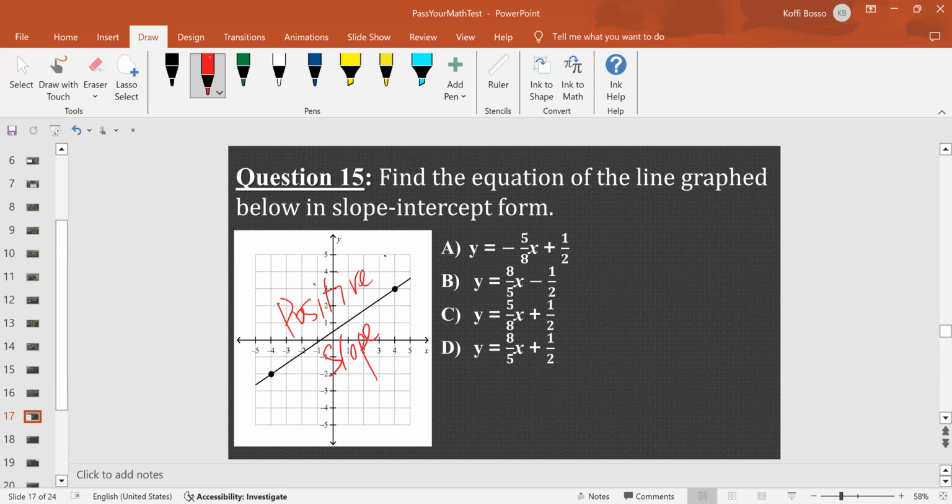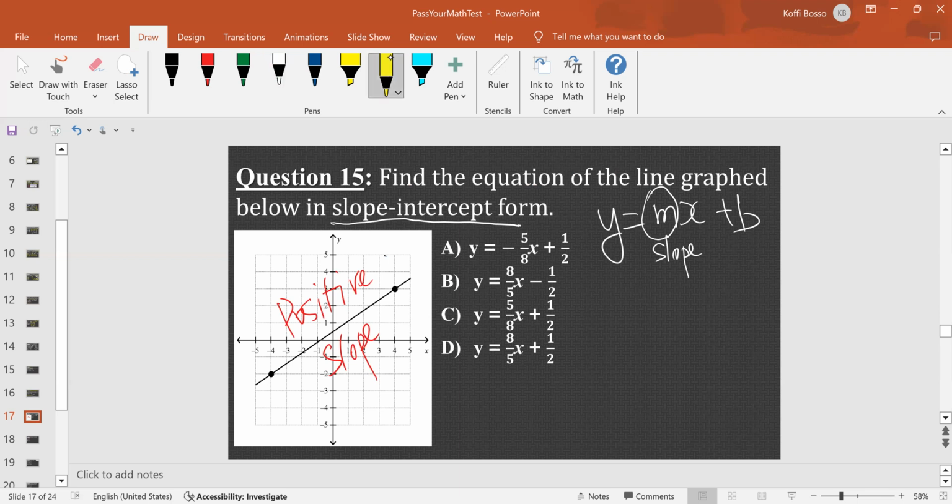Therefore I know that I have a positive slope, and all four choices here use the form y equals mx plus b, and the m is that slope. This form, y equals mx plus b, is called slope-intercept form. If you have that form, the coefficient of x, the number you see before x, is your slope.